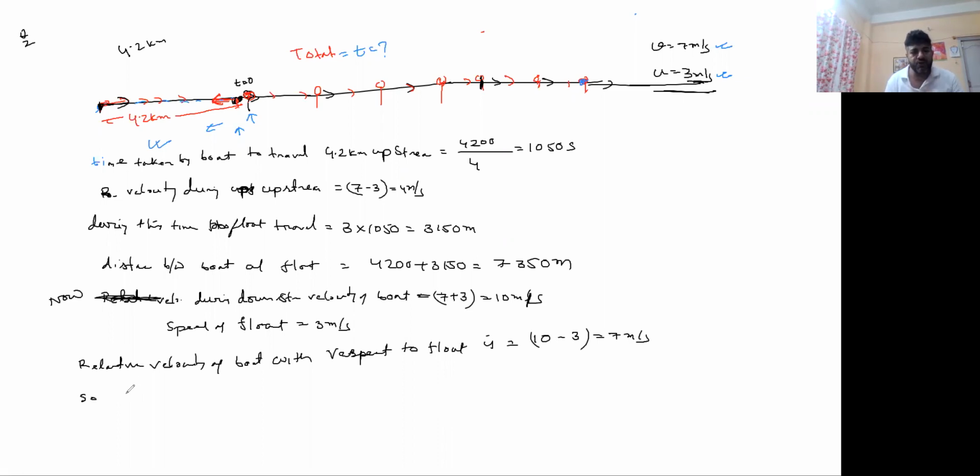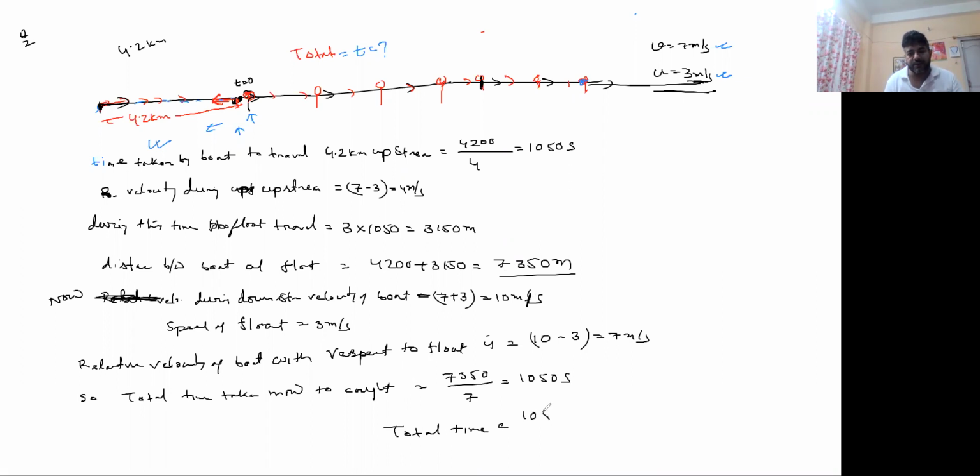So total time taken now to catch: total distance 7350, speed of the boat with respect to float is 7 meter per second, that is 1050 second. So total time is 1050 plus 1050, that is 2100 second, which is 35 minute.